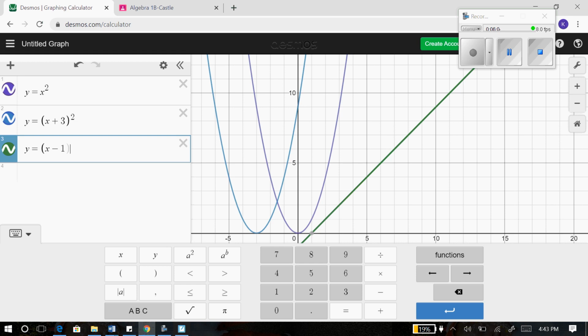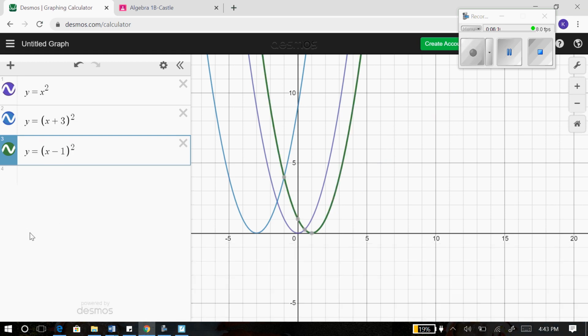Now, again, they're based on the purple graph. So the purple is our starting point. When we typed in x plus 3 squared, we actually moved left 3. When I typed in x minus 1 squared, we moved to the right 1. I know it's a little confusing because you think it would have gone the other way, but that's why we put it in our calculator.